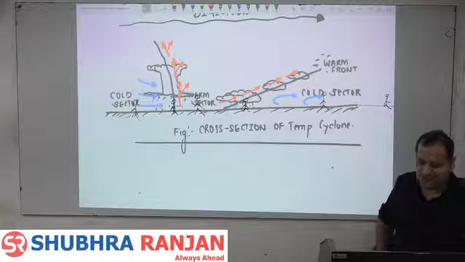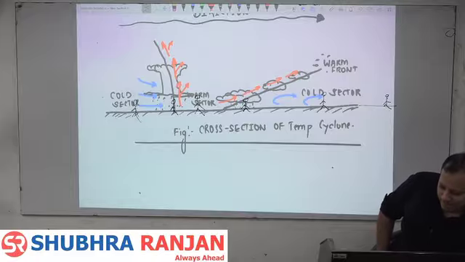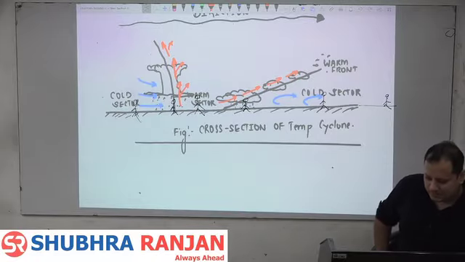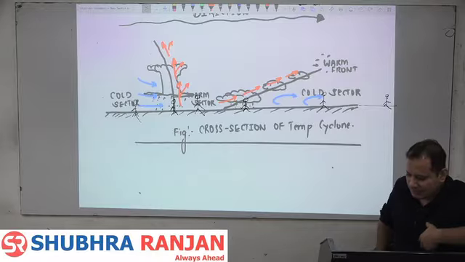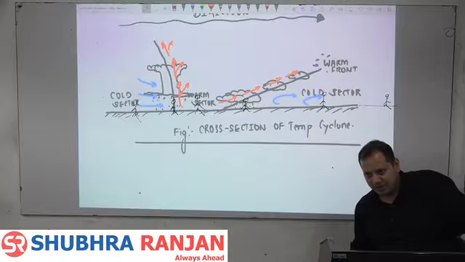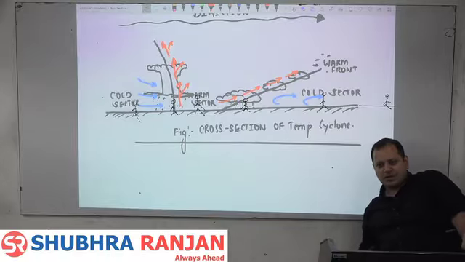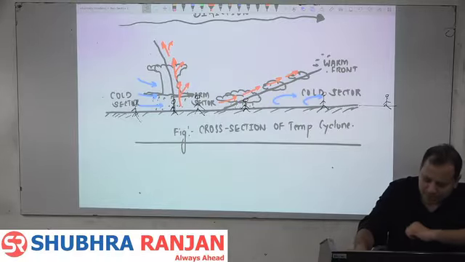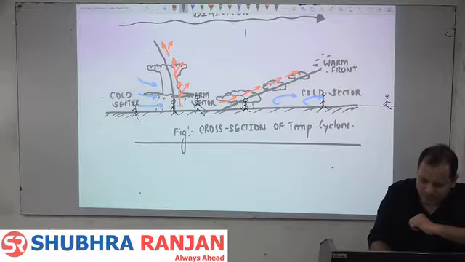So take the point. The observation point of an eastward moving temperate cyclone. Easterly means from west to east, eastwards.